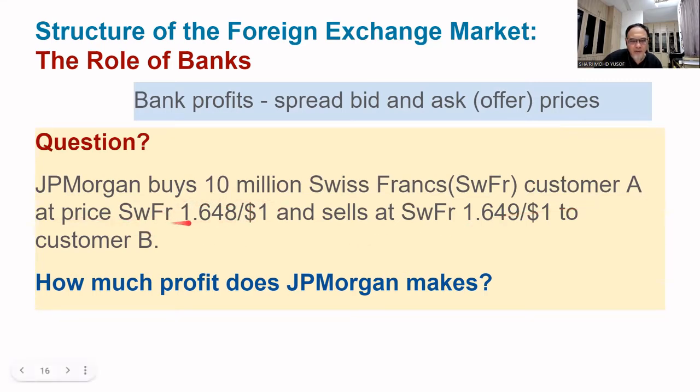The forex is like that: if you have US dollars and you want to convert to the local currency, you are going to sell US dollars, and then you want to buy US dollars. So these are the rates: 1.648, 1.649, but you're dealing with 10 million francs for the customer. How much profit can anyone tell me JP Morgan makes just from this transaction?